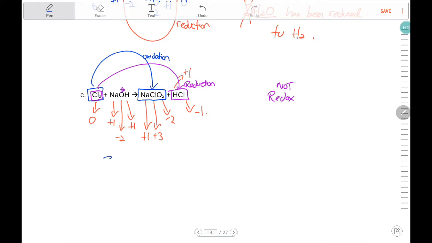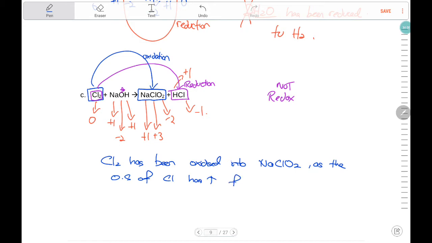Okay, so how would I explain this? I would say that, okay, chlorine. I'll first give you the answer. Chlorine has been oxidized into NaClO2 as the oxidation state of Cl has increased from 0 in Cl2 to +3 in NaClO2.